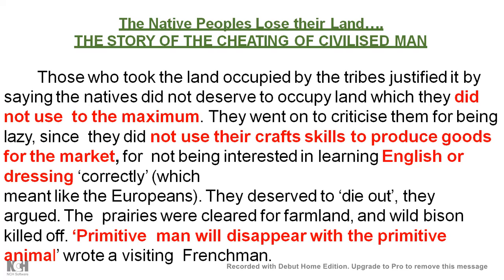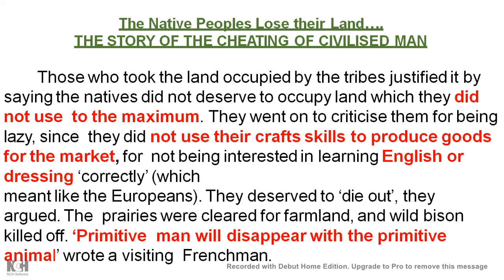The Europeans cleared the prairie grassland area and converted it into farmland. And the wild bison lived there, so they killed all the wild bison of the prairies area. Now the primitive man will disappear with the primitive animal also.